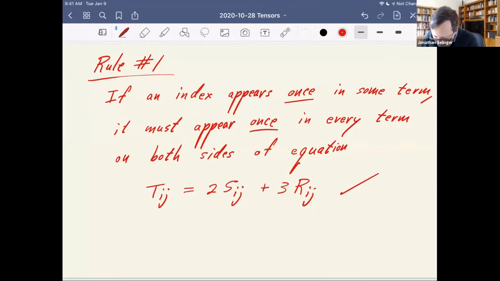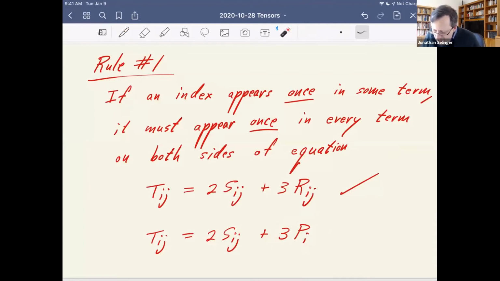On the other hand, if we write out Tij is 2Sij plus 3Pi. This is terrible, right? This is terrible because there is no j in this term, okay?